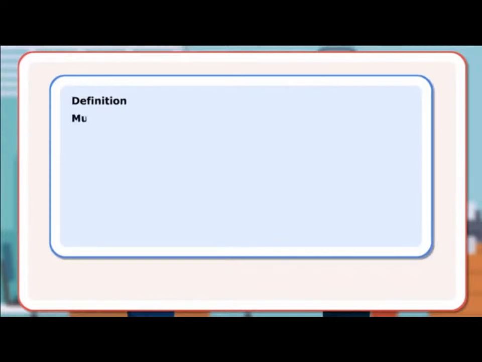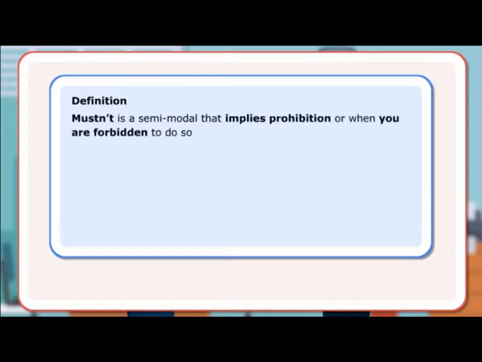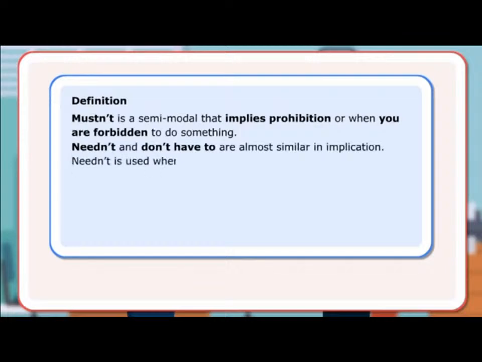Definition. Must not is a semi-modal that implies prohibition, or when you are forbidden to do something. Need not and don't have to are almost similar in implication. Need not is used when the speaker does not feel the necessity to do something.